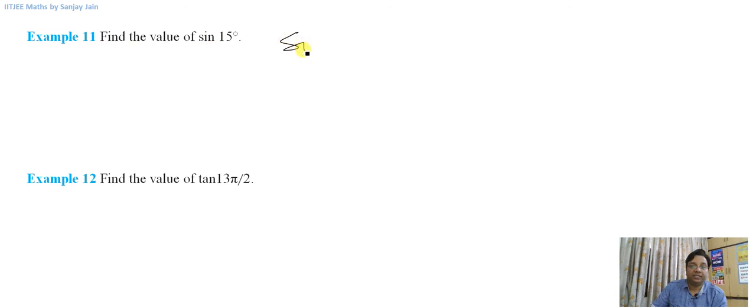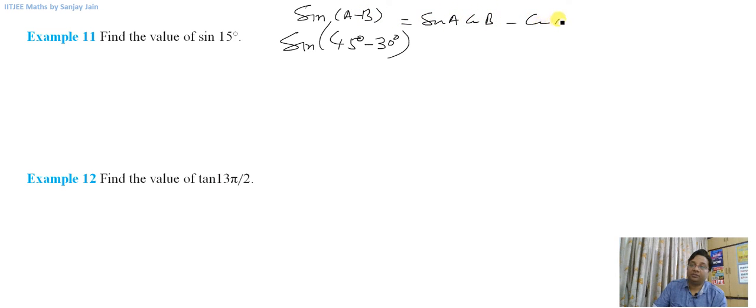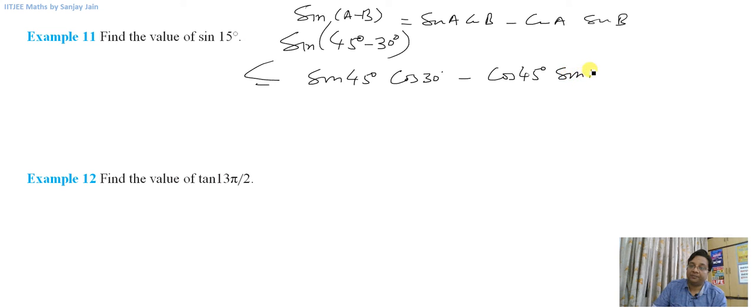Sine 15 degrees can be written as sine of 45 degrees minus 30 degrees. And now I'll apply the formula of sine A minus B, which is sine A cos B minus cos A sine B. So this is a pretty simple idea.